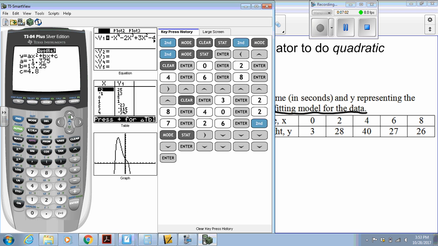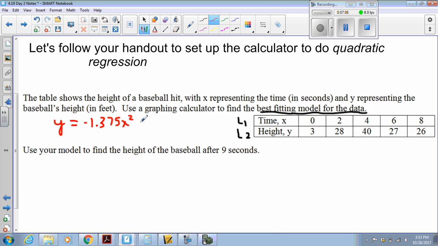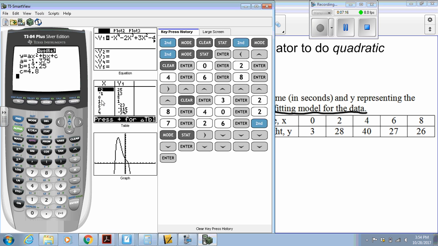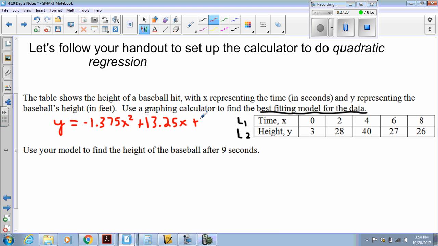Now we write our b value, which was 13.25. So I do plus 13.25. Remember, we needed x there. And then our c value was 4.8. So then we do plus 4.8. And then this would be our quadratic regression. So this would be our final answer here.